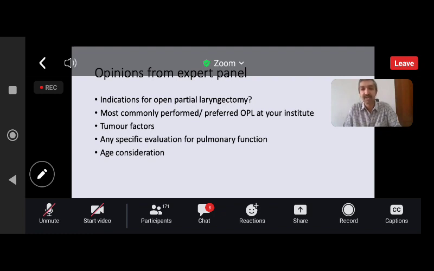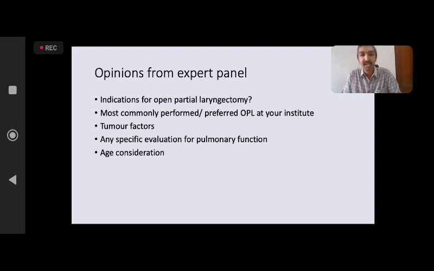At least one arytenoid unit is enough for a partial laryngectomy. The patient's functional status should be good, and age should also be a criterion. We also do a lot of laser in these cases. Sometimes if it's just a T1 or T2 disease amenable to laser, we go for transoral laser excision.